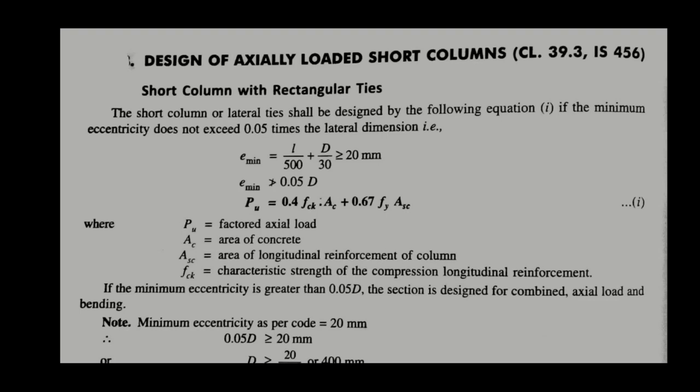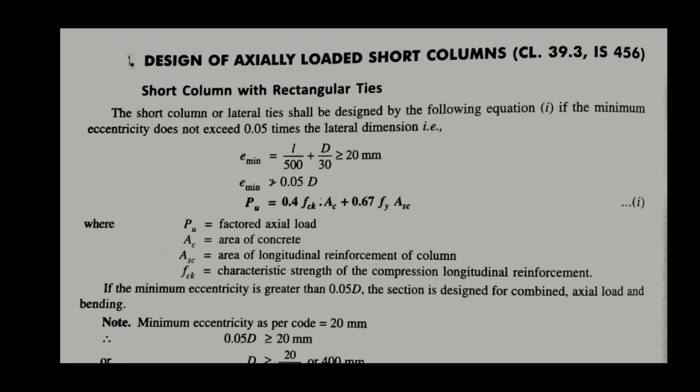That is, e min, the minimum eccentricity, equals L by 500 plus D by 30, greater or equal to 20 mm. So e min is not greater than 0.05 D.